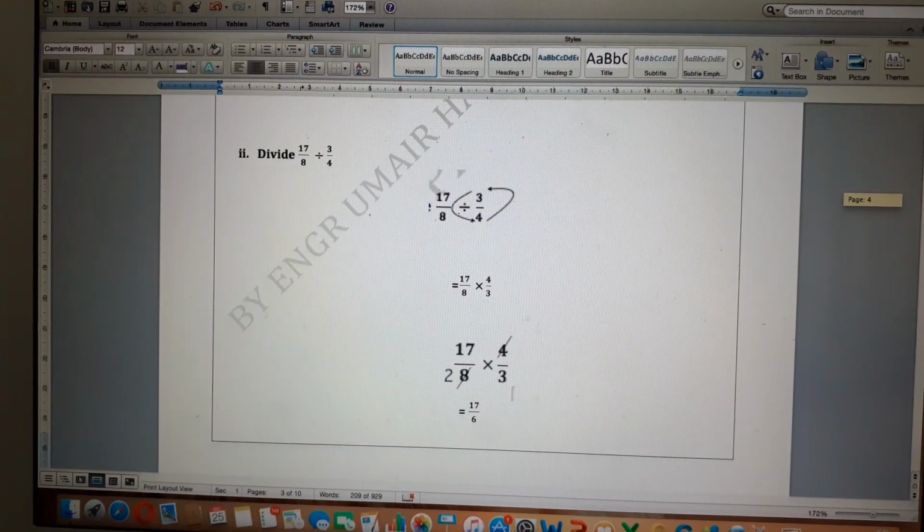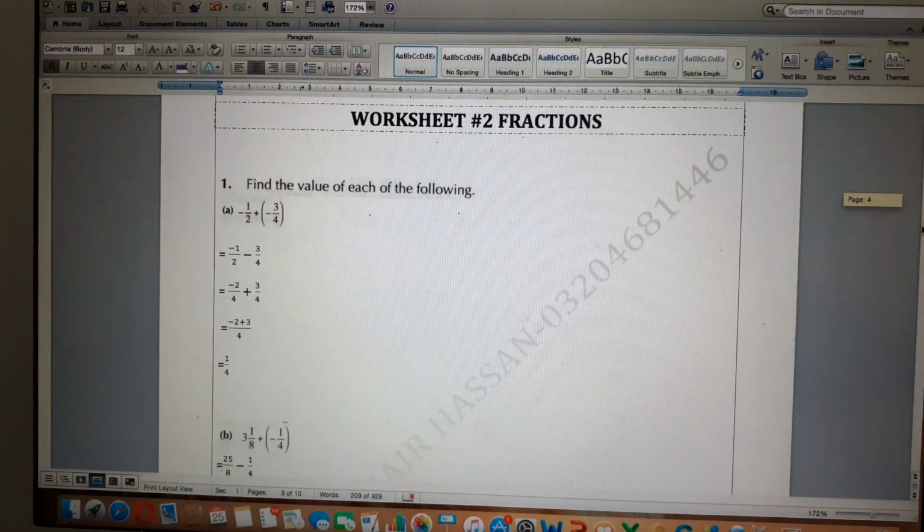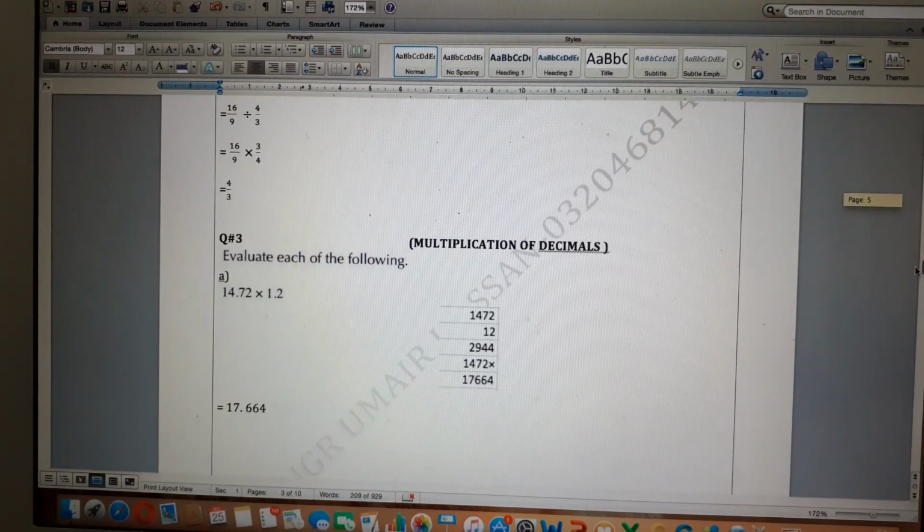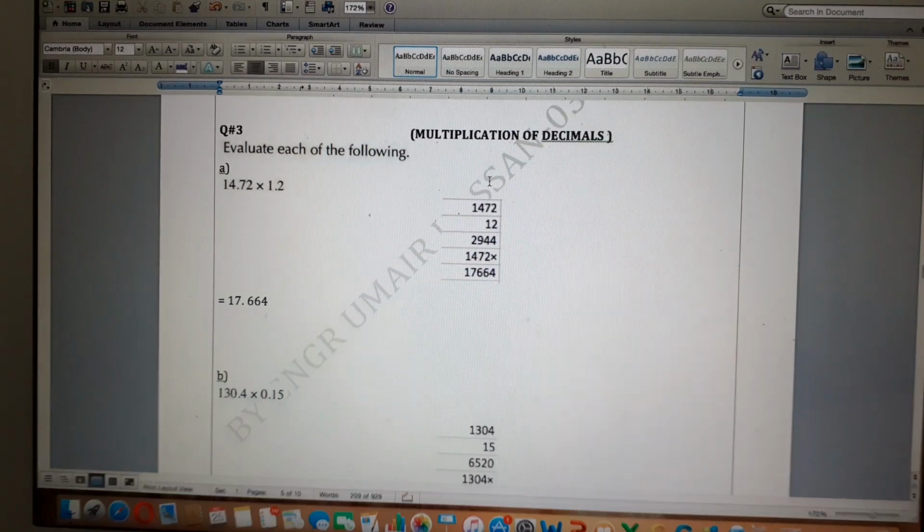Now the next case is fractions expressed as decimals, that is, multiplication of decimals. You can convert a fraction into decimals by using the division method.